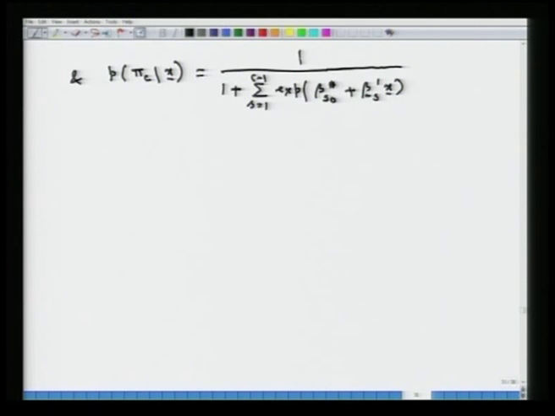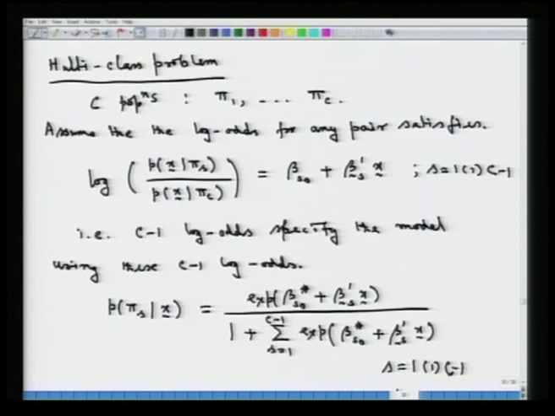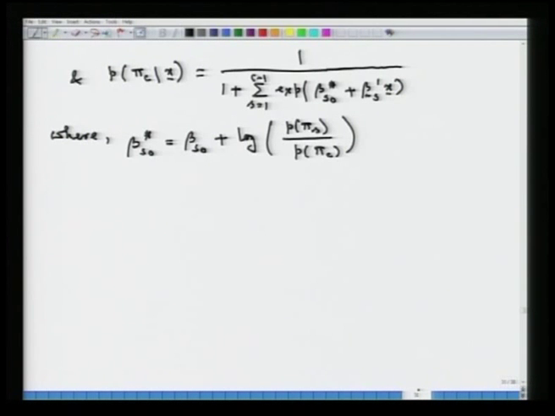As in the previous setup, this beta s naught star is given by beta s naught, the first one, plus log of p of pi s, which we have denoted simply by p s, divided by p of pi c. Now, once we have these expressions, this is the posterior density of the sth population given x, for s equal to 1, 2 up to c minus 1, and this is for the cth population.